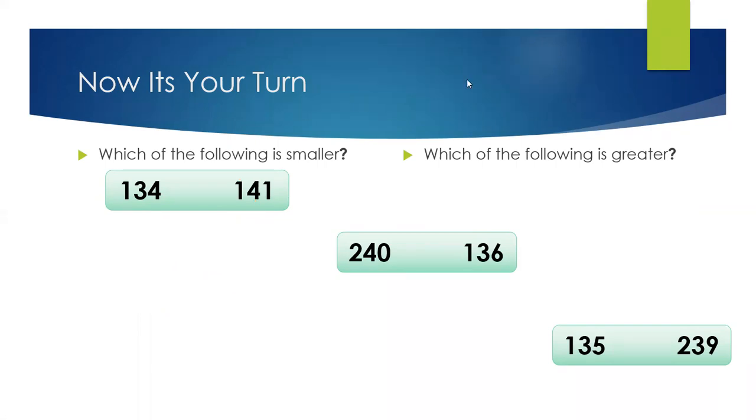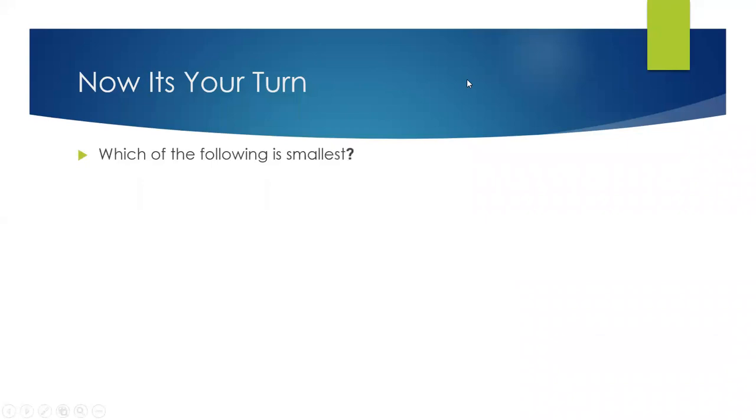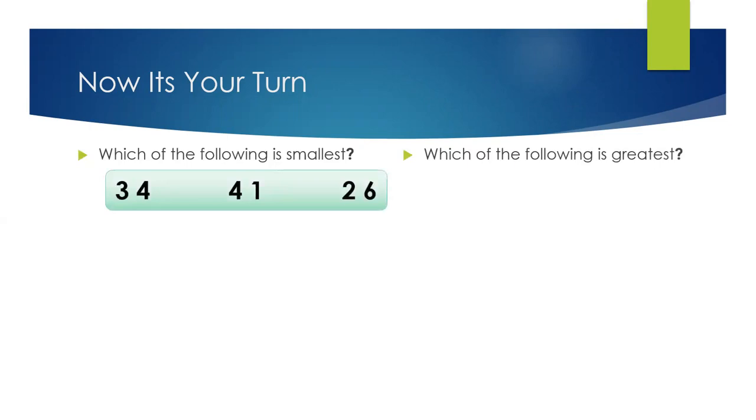Now move towards our second reinforcement session. Now here we have provided three numbers, and we have to compare them by finding the smallest and greatest. Firstly, as all these numbers have the same number of digits, compare the digits of the highest place value, 3, 4, 2.